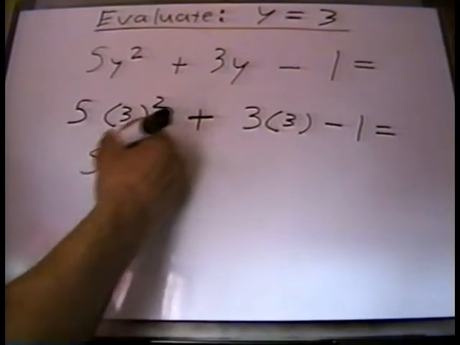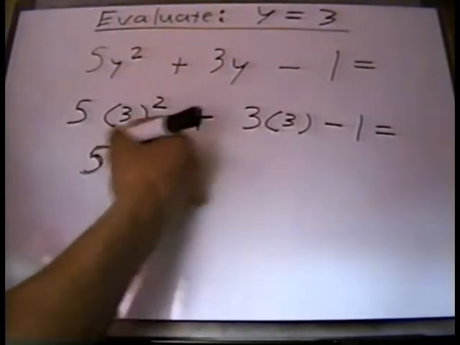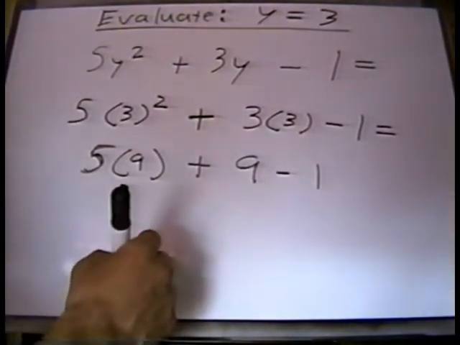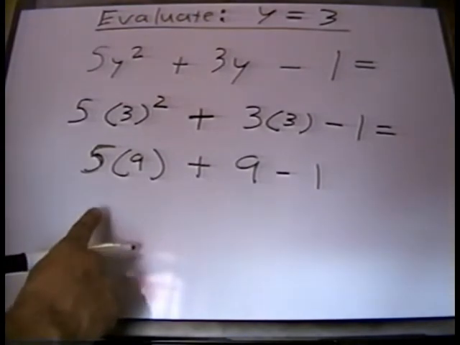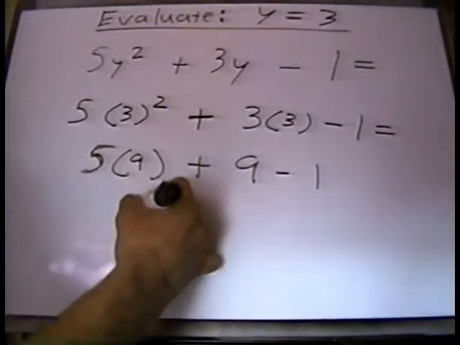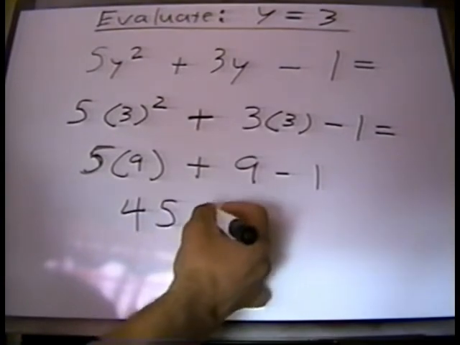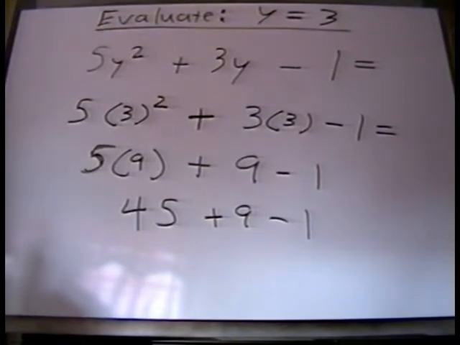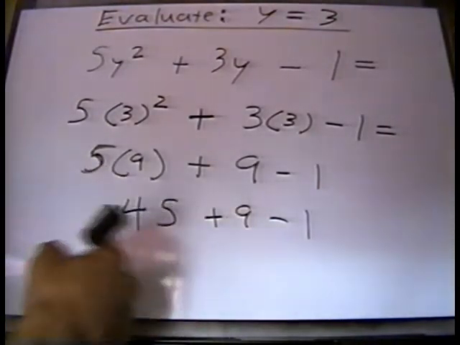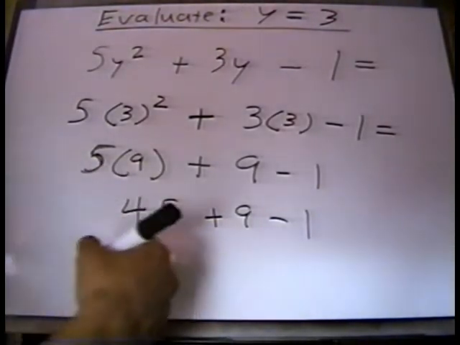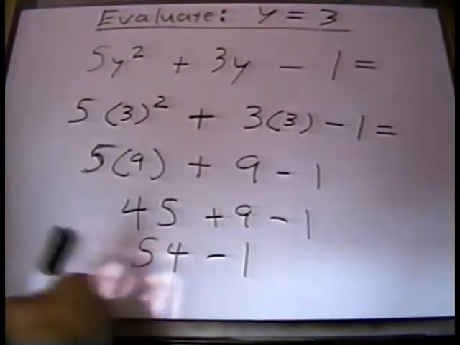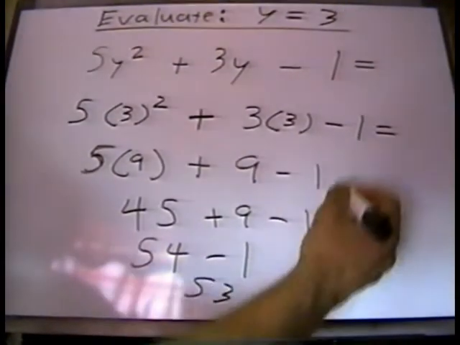So we get 5 times 9 plus 9 minus 1. 5 times 9 is 45, plus 9 minus 1. 45 plus 9 is 54, minus 1 gives us 53.